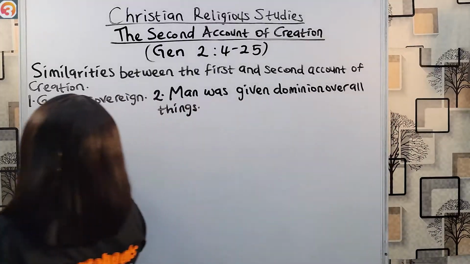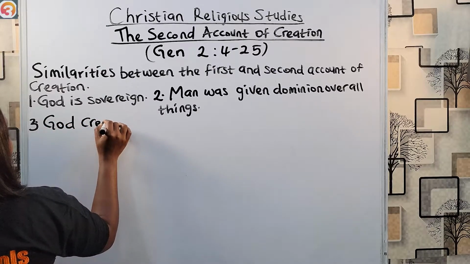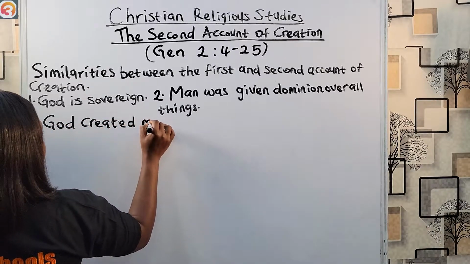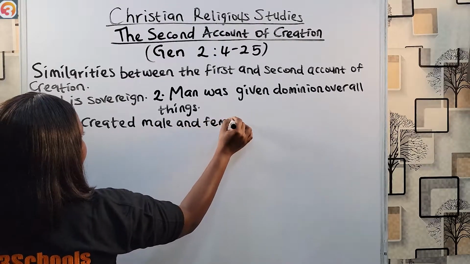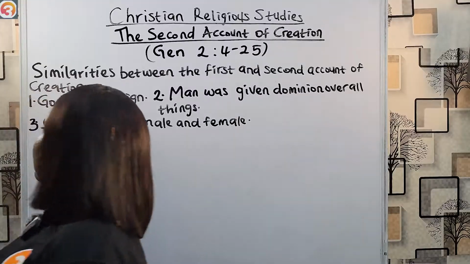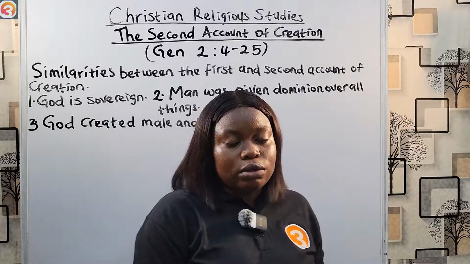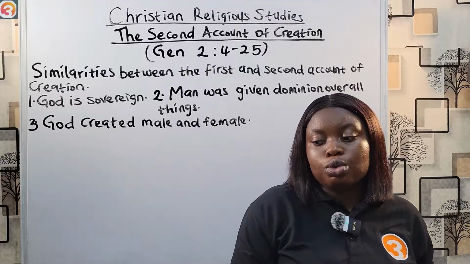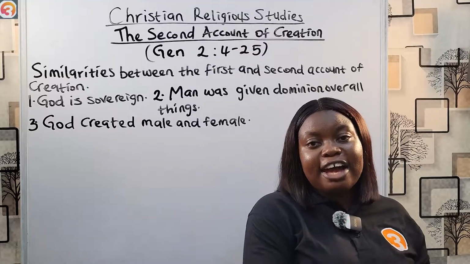And then lastly, we have the fact that God created male and female. Even though they said man in the first account, the Bible went on to explain that he created them male and female.